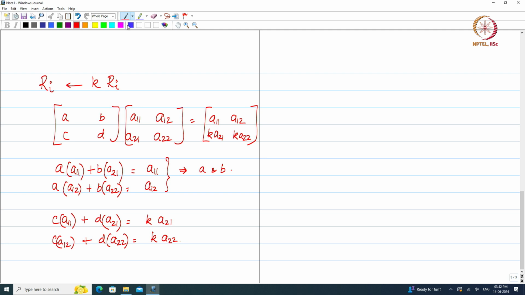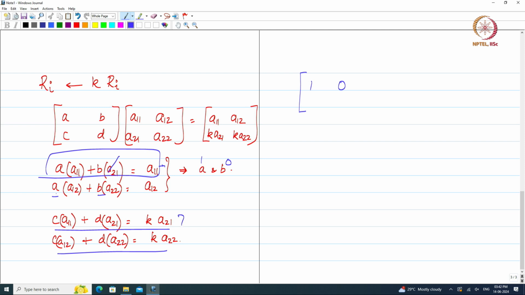Now, if you look at this equation, the A21 term does not appear at all on the right hand side, so A is equal to 1 and B is equal to 0. Here again, A is equal to 1 and B is equal to 0. So the first row of the matrix is 1 0. In this pair of equations, A11 does not appear, so C is going to be 0, A12 does not appear, so C is 0, and D takes the value K. So this is the matrix which is going to scale.